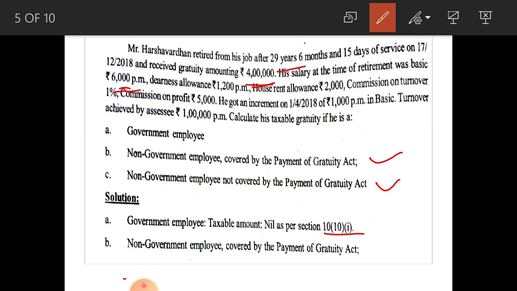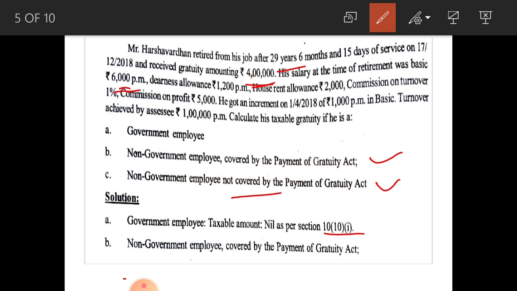Here for the calculation of salary, that is for 15 days salary calculation or half month's salary calculation, salary means basic plus DA plus commission, if they mention it as retirement benefit in case of not covered by the Payment of Gratuity Act. For non-government employee covered by the Payment of Gratuity Act, salary means only basic plus DA. Remember that thing. Covered by the Payment of Gratuity Act, basic plus DA. For not covered by the Payment of Gratuity Act, basic.